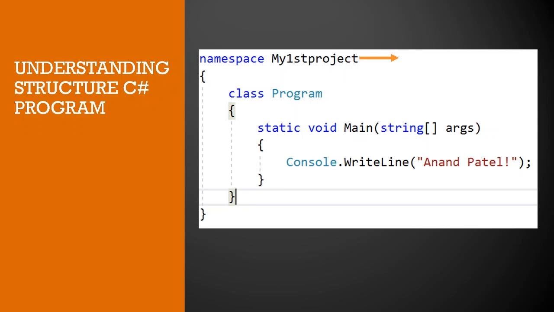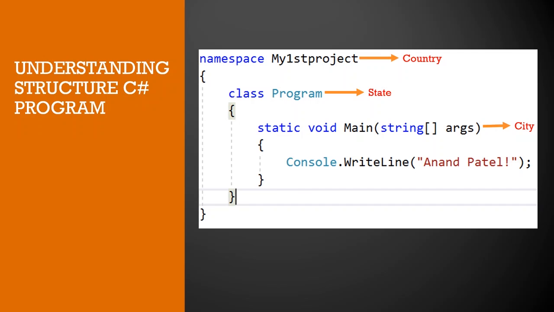So think of namespace as the country, program or the class as the state, and the static void main as the city, because namespace and class help you to organize your code. We'll go in more detail in the next few lessons for these topics.